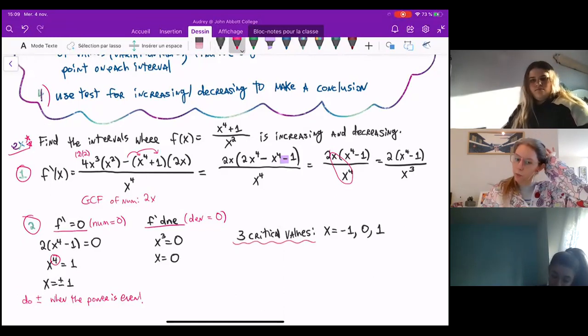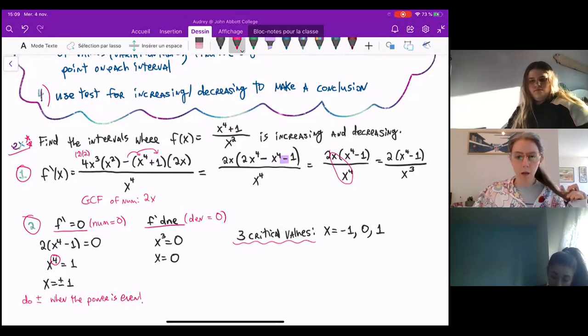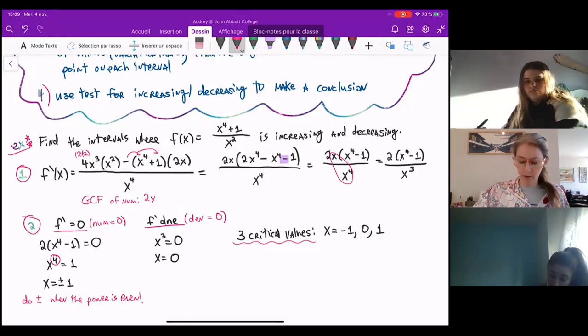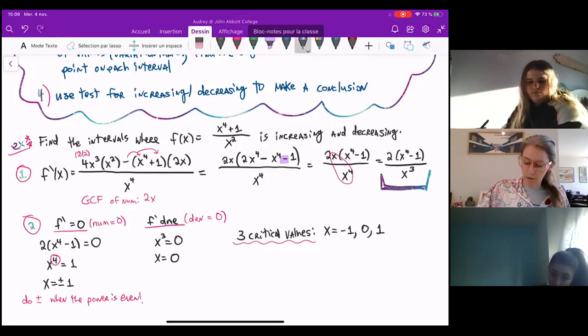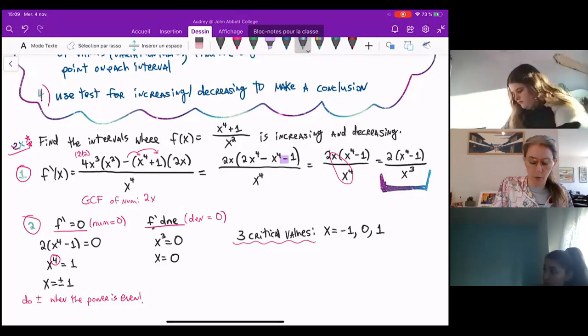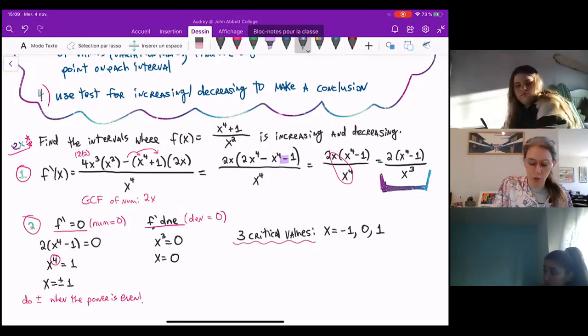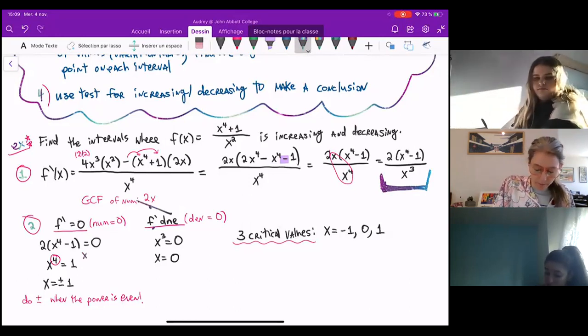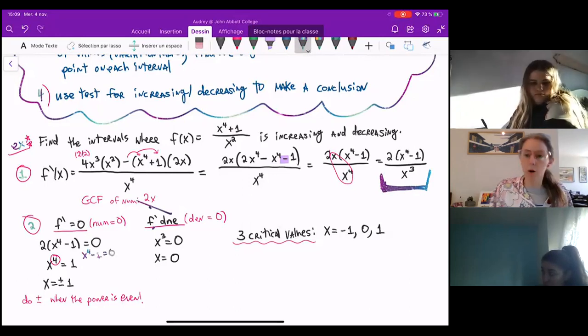So that brings us to our step 3. I didn't do x to the 4th equals 0 because when we look at my final derivative here, I don't have an x to the 4th in the denominator. I don't have a factor of x to the 4th anywhere. I have a factor of x to the 4th minus 1. So here, I set the numerator equal to 0, so that was 2 times x to the 4th minus 1, which gave me x to the 4th minus 1 is equal to 0, but then I didn't have an x to the 4th.